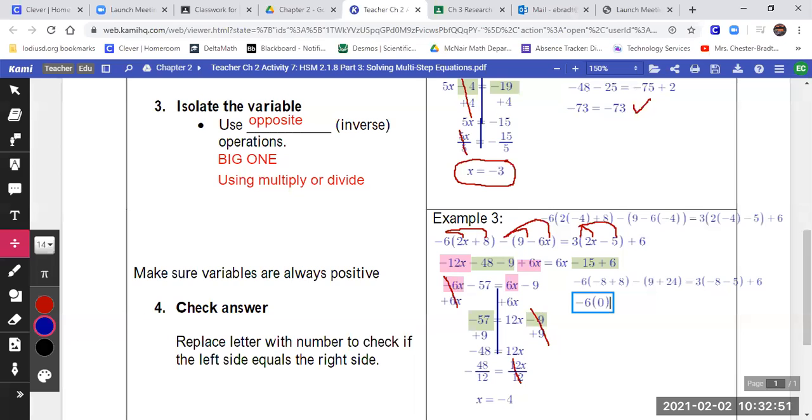And then we have a subtracting a 9 plus a 24. What's that? 33. Okay. And it's going to equal, on the other side, 3 times negative 8 with negative 5.